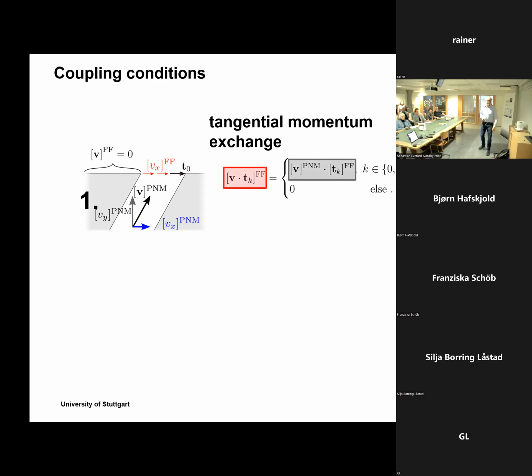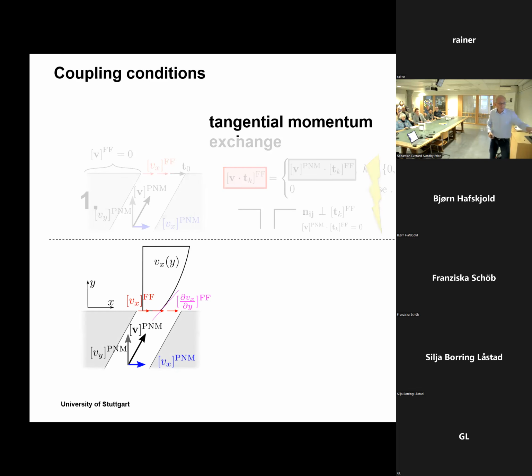Yeah. So what we have done, very simple: we have formulated the equations for both in a general form. That means the shear stress in the free flow and the shear stress in the porous medium. Pressures are the same, and I would like to show it only for the shear stress.